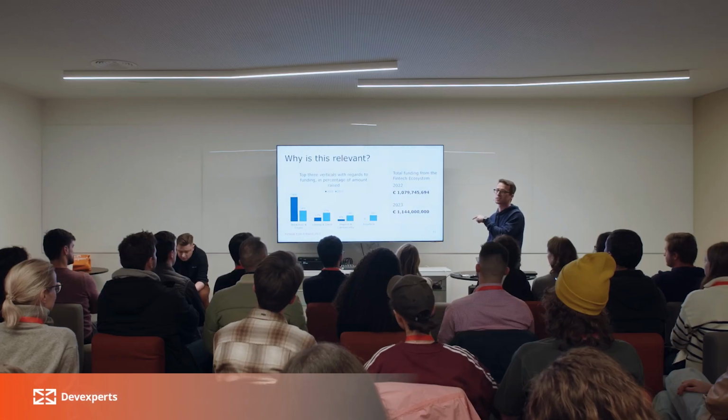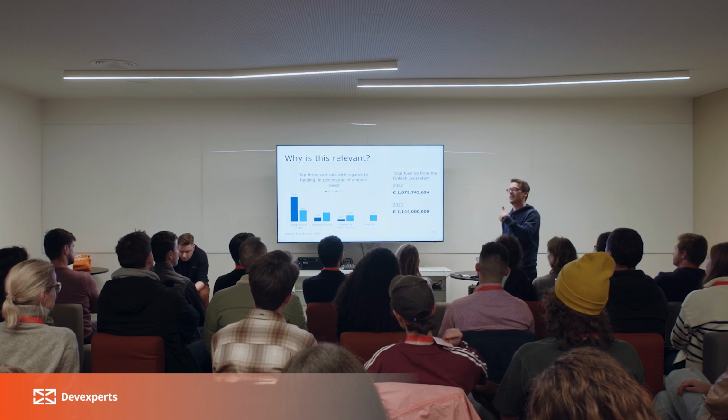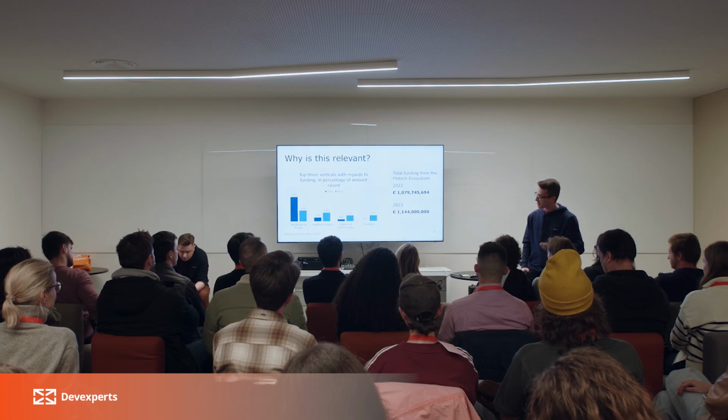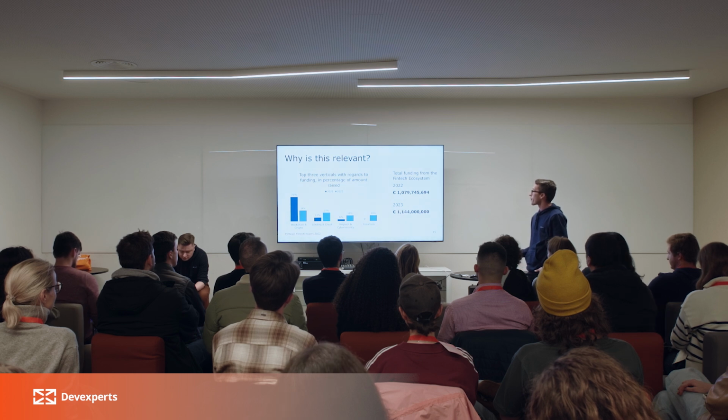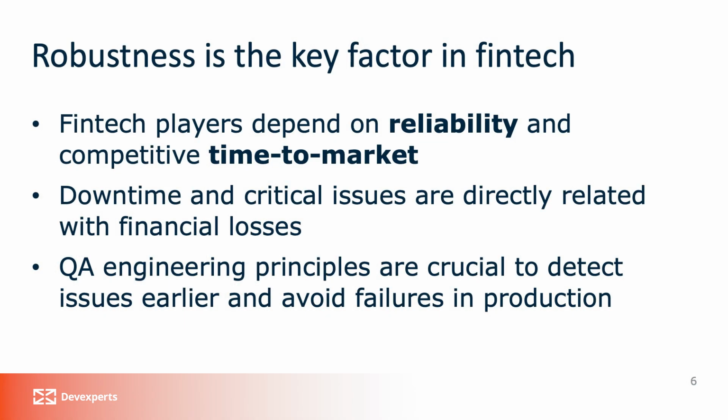So this means that this huge market is challenged every year by new companies, new solutions, new technologies. So that's why I chose robustness to share here tonight, because I think robustness is the key factor in fintech.